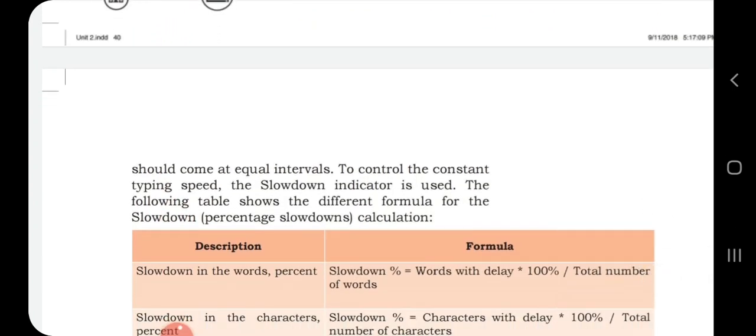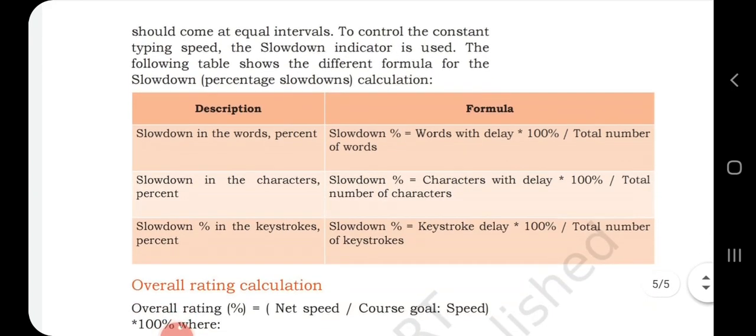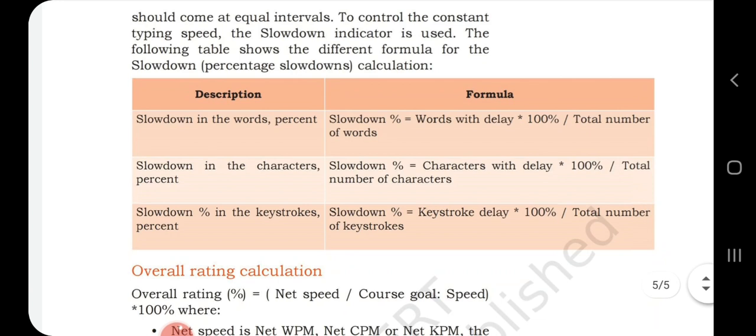Next, this table shows different formulas for the slowdown percentage calculation. This is the table, with description and formula. Slowdown in words percent: its formula is slowdown percentage is equal to words with delay multiplied by 100% divided by total number of words. Next one is slowdown in characters percent.